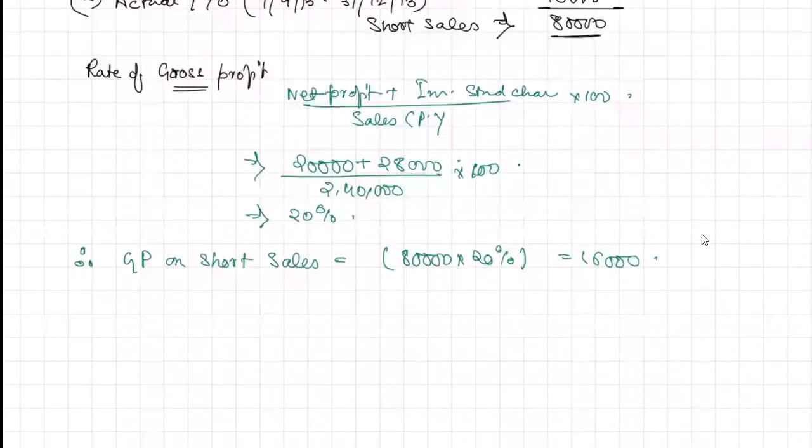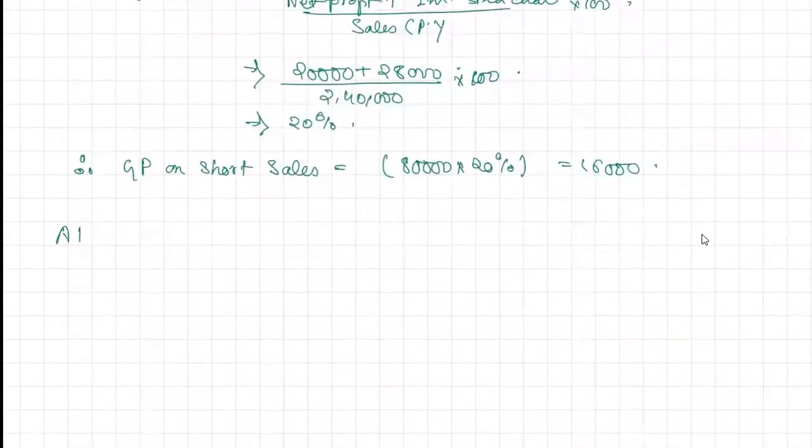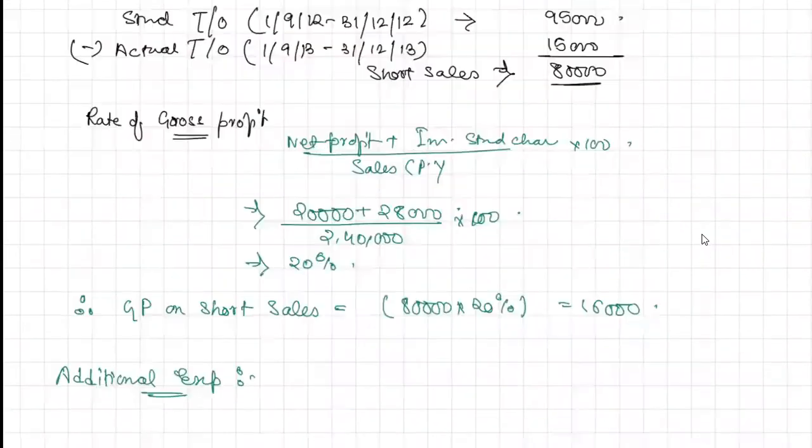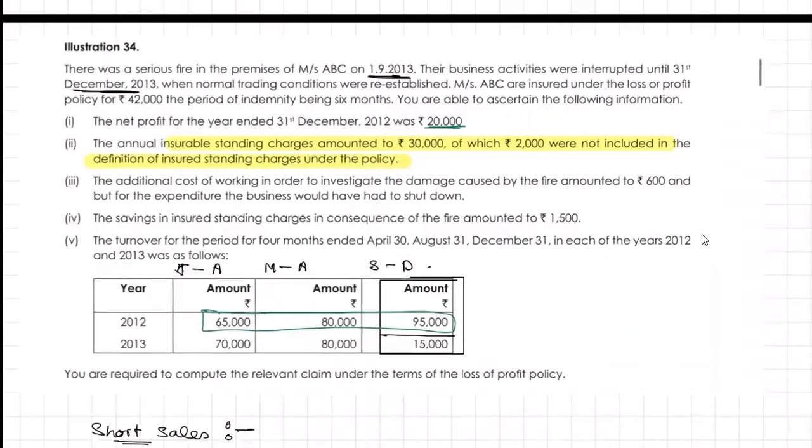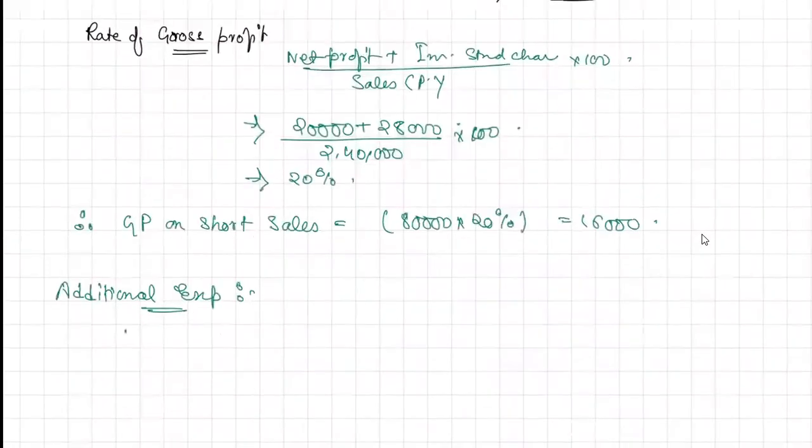Okay. Now additional expense is here. Ladies and gentlemen, boys and girls, additional expenses are here. Okay. Actual cost 600.